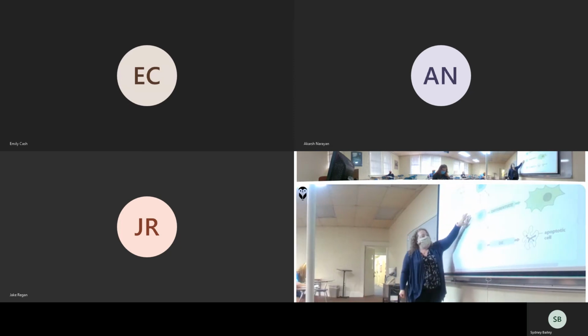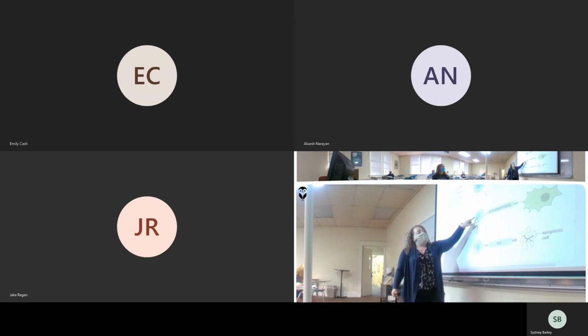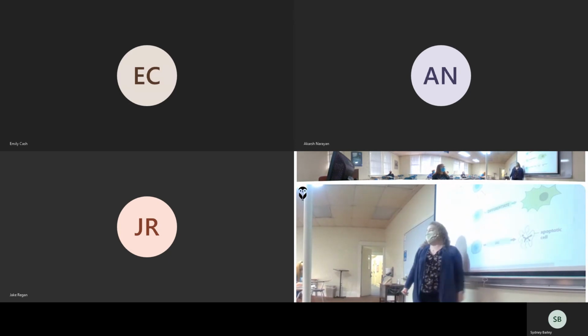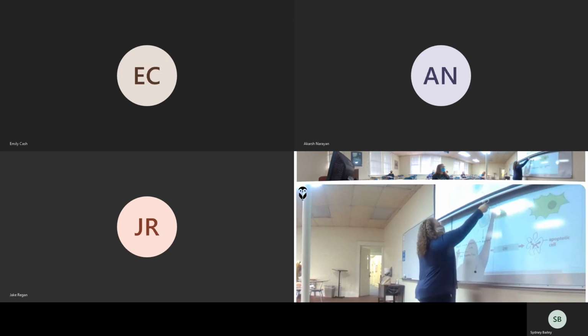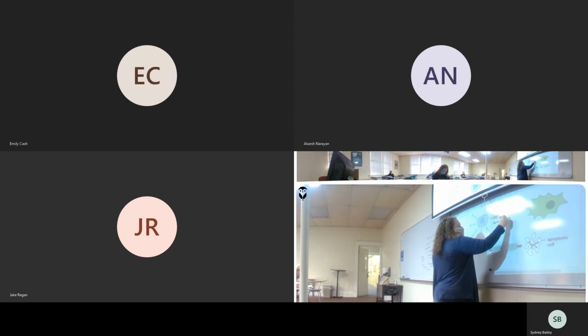If the cell gets A, B, and C to stay alive and F and G, it can turn into a different kind of cell or differentiate. This would be a good word to define. Differentiate means it turns into a different cell type.